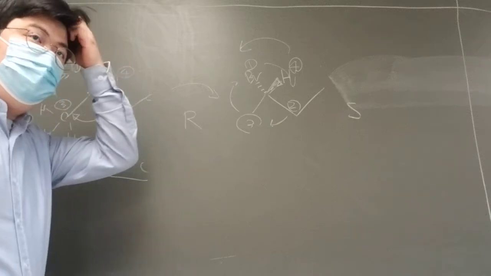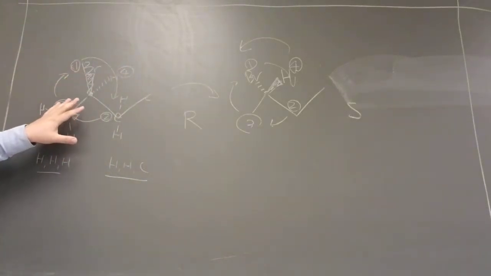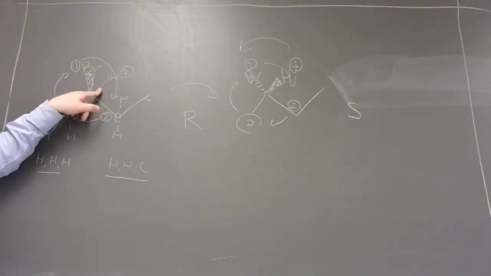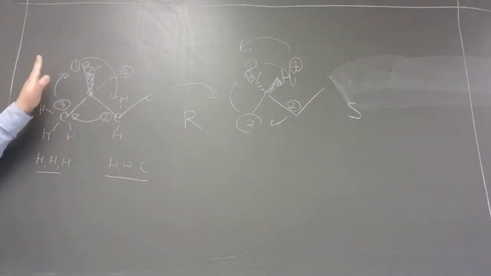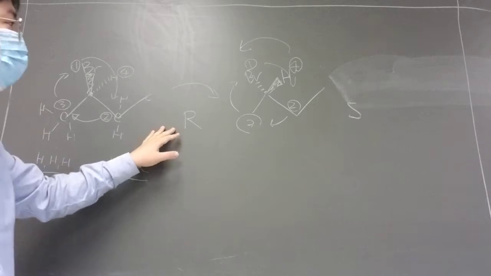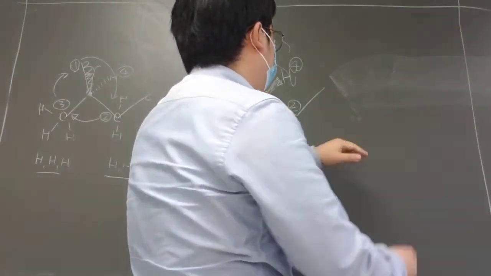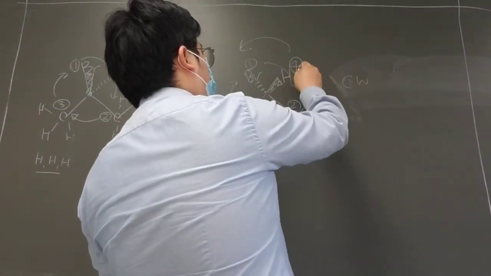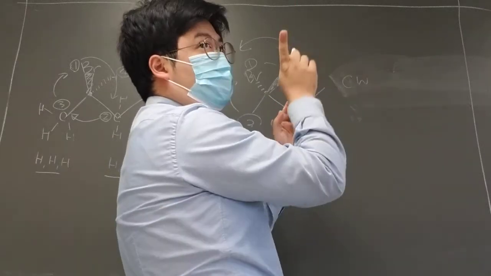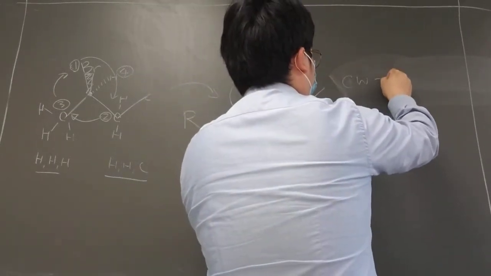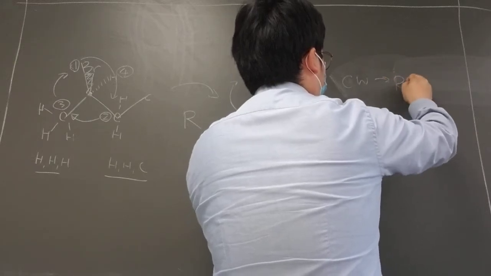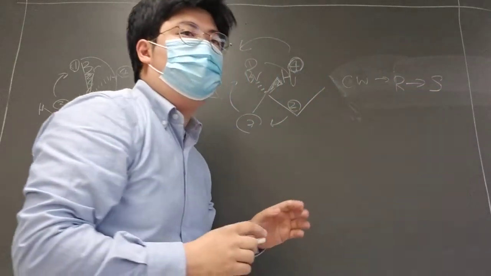One trick you can do is when you prioritize the groups, if your number 4 group is heading back, you don't have to change anything. Just follow that rotation, which is R. But if it is going clockwise while your number 4 is sticking up front, not in the back, you can say that it was R, but change it to S. This is one trick you can do.